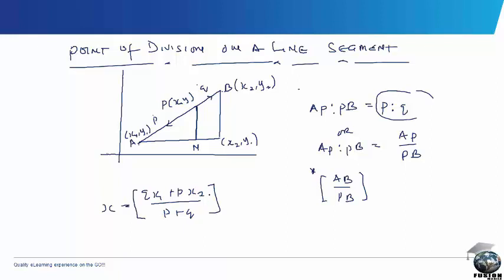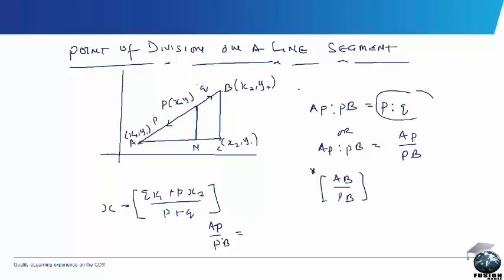So we'll consider the line of x, and for them to be similar figures, the proportion AP over PB must be equal to the proportion in which the line ANC is divided.